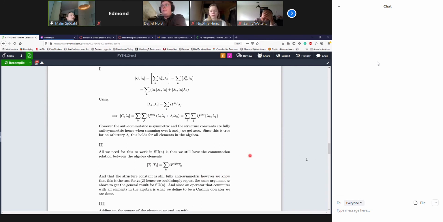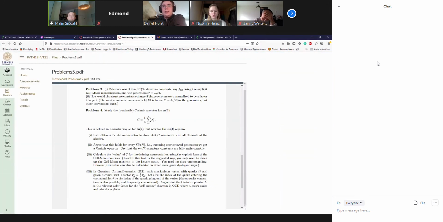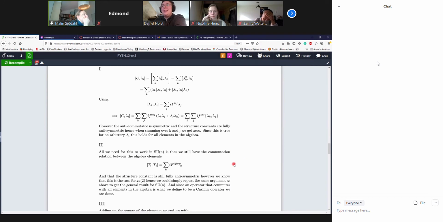And then we have yet more subtasks for this problem. Yes, so we have task 3. We are simply supposed to calculate the value of this C given these Gell-Mann matrices that we know. I didn't think it was necessary to write out.